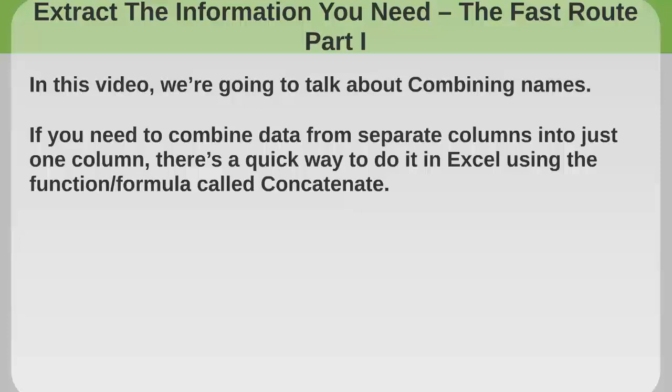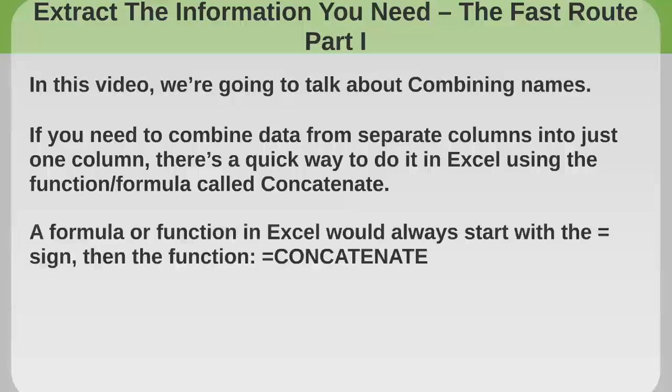So if you want to combine data from 2 separate columns or many different columns into just 1 column, the way to do that is by utilizing in Excel a function or formula called concatenate. In order to do that, you have to put the equal sign, obviously, to start the formula or function in Excel, and then type in concatenate.